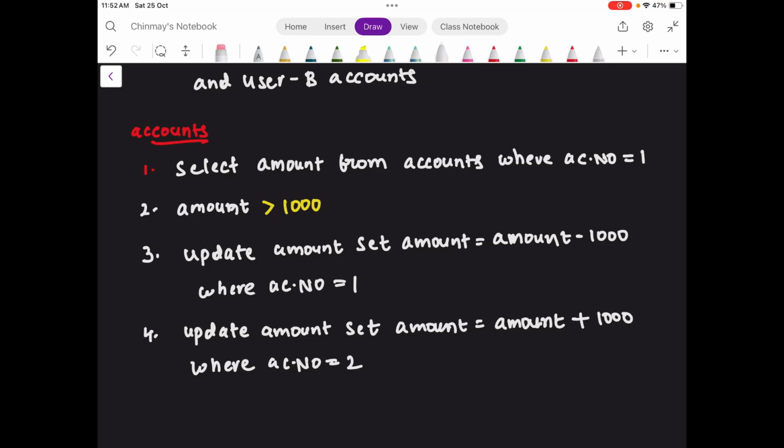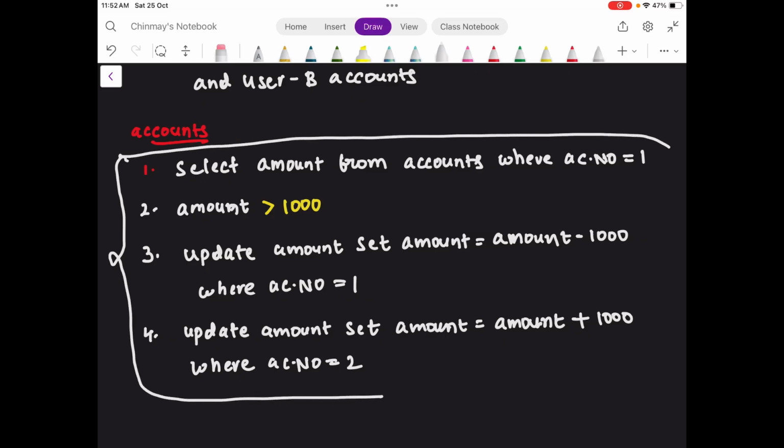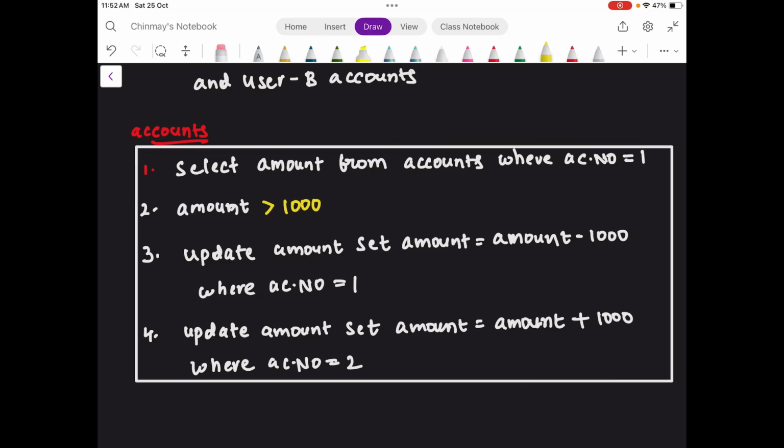All these statements can be considered as a single transaction. I hope you now clearly understand what a transaction is.